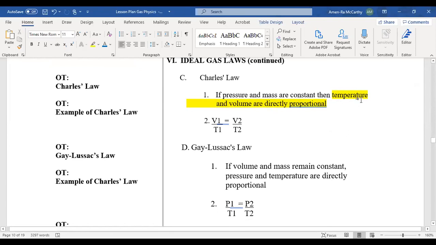If the volume goes down, the temperature goes down, according to Charles. The formula is V1 over T1 equals V2 over T2. Volume and temperature.